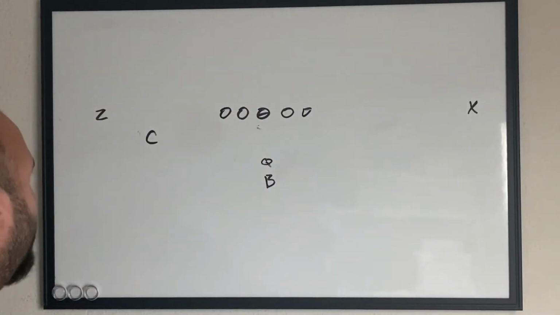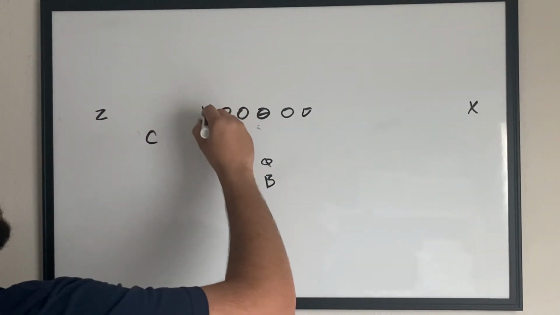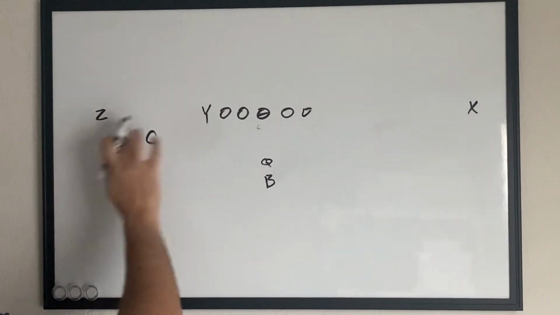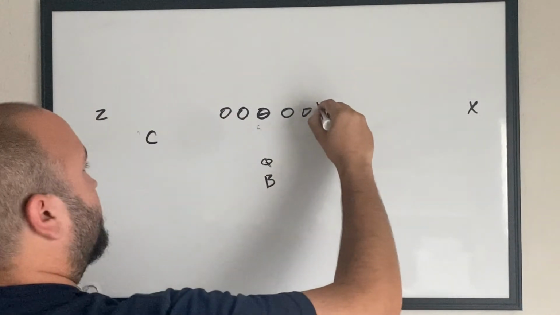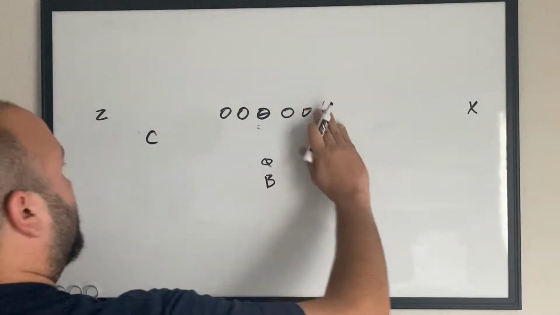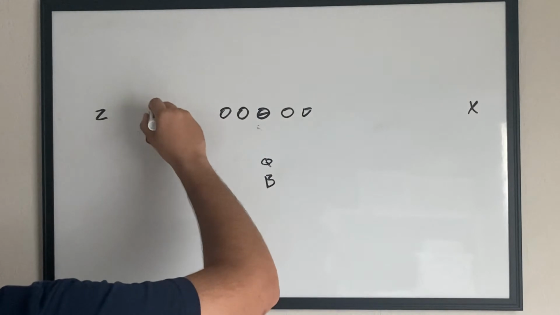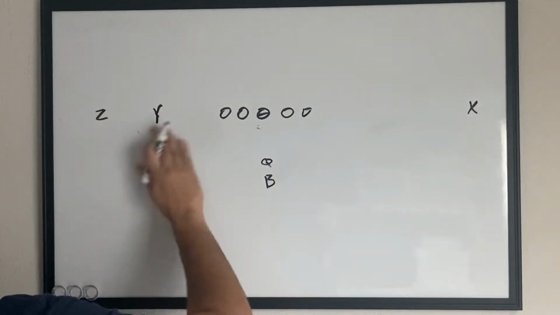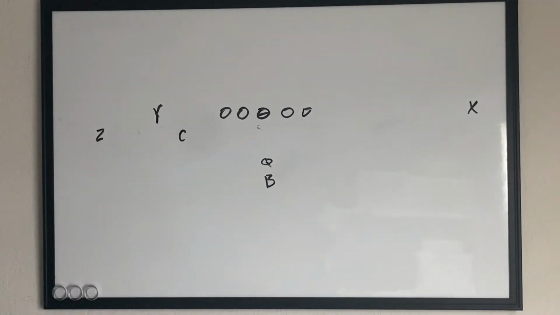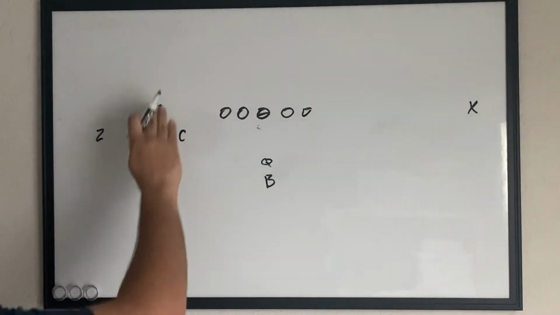Now I'm going to go to uno. It's going to give you a tray set. Obviously, that Z receiver will be off the line. Dos will give you a pro set. Tres, he'll be on the line. A lot of times you can move that C receiver and it'll look more like that with tres.